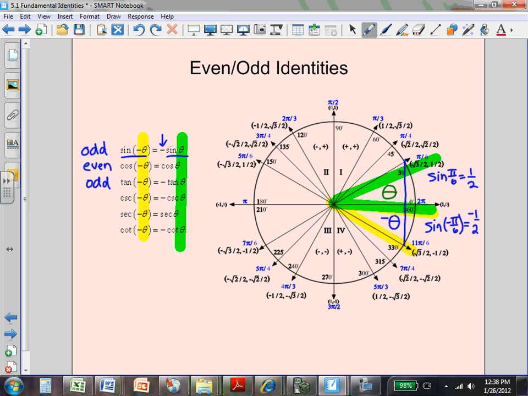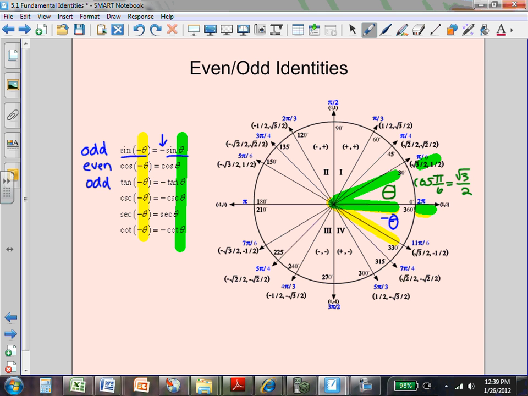Okay, then we can do the same thing for the cosine, but things turn out a little bit differently. Now we're not talking about y values, we're talking about x values. So if I go up here at theta and I'm looking at the cosine of pi over 6, it's positive root 3 over 2.